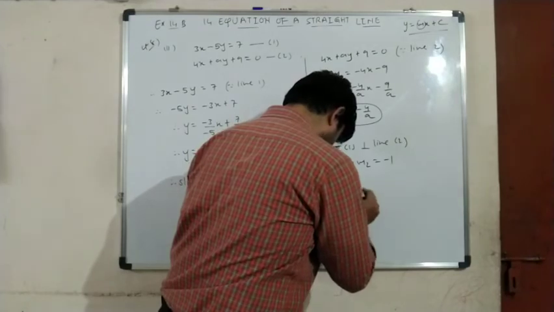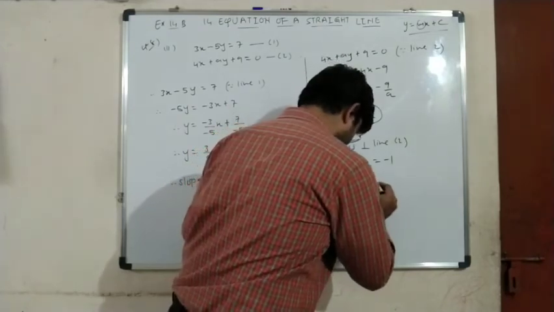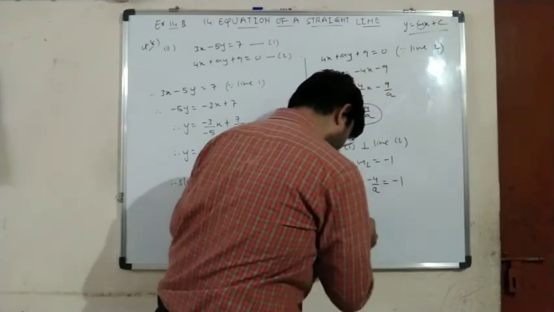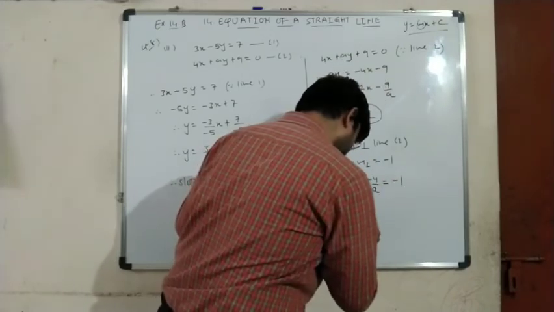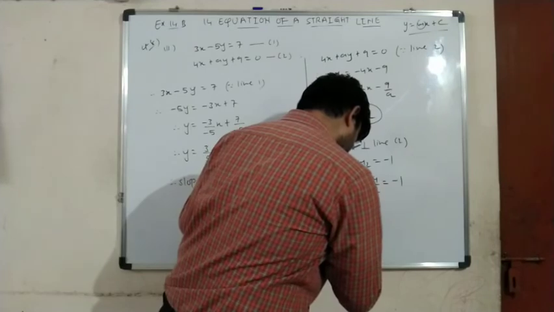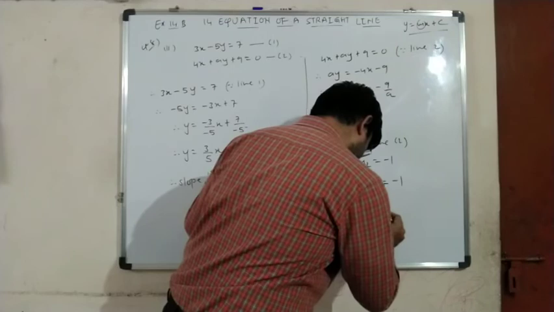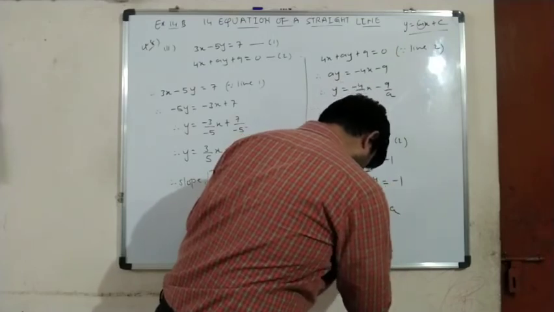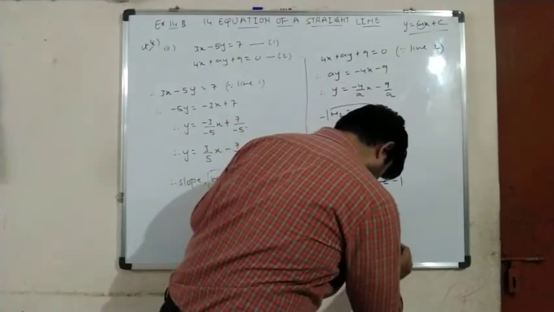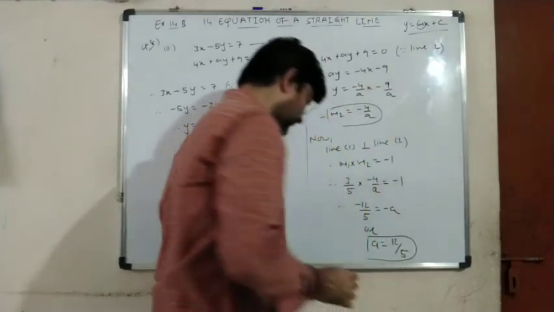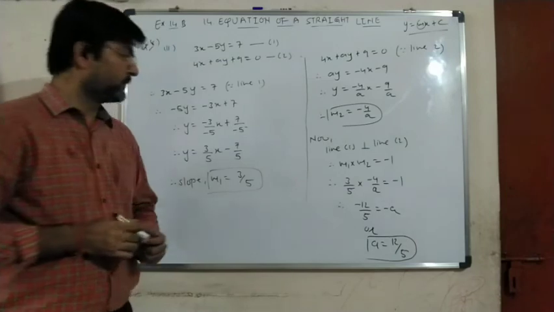Therefore 3 upon 5 multiplied by minus 4 upon a is equal to minus 1. Therefore minus 12 upon 5 is equal to minus a, or a is equal to 12 upon 5. This is the value of a. Clear?